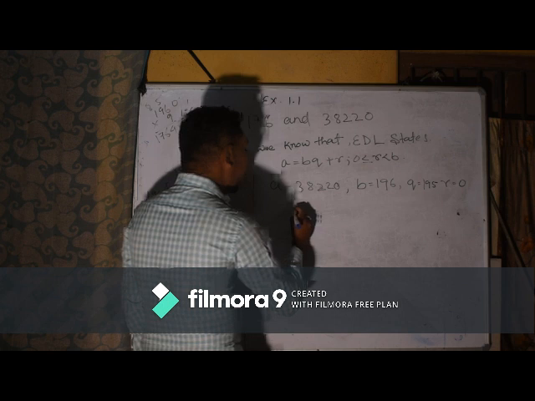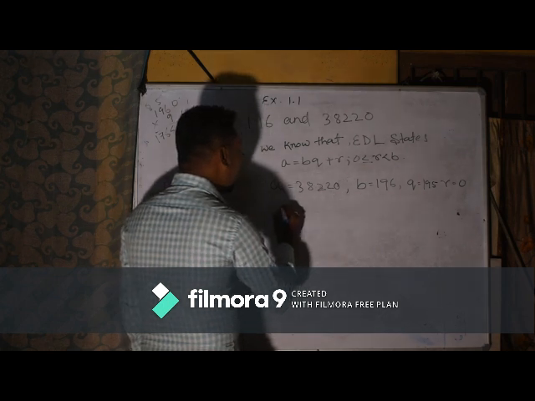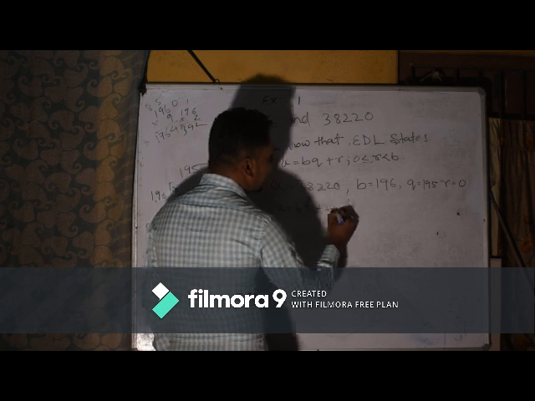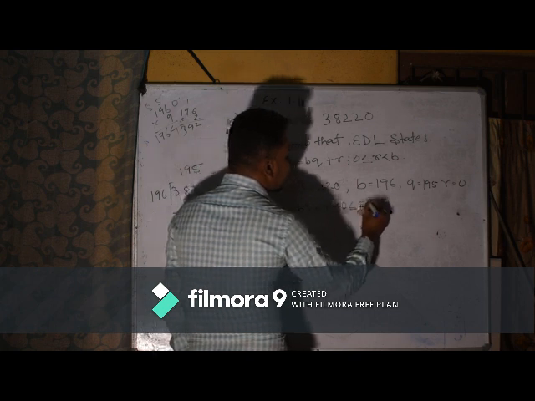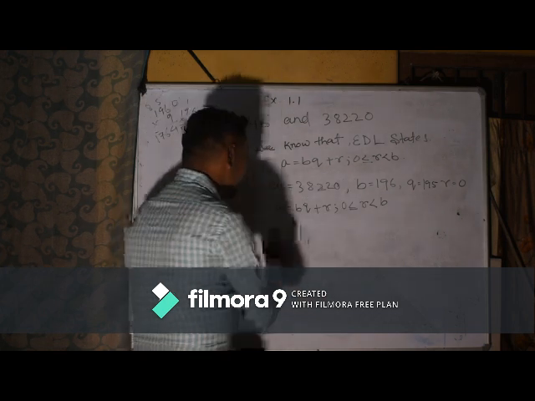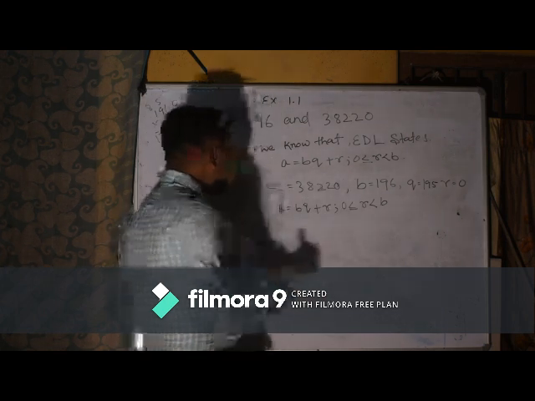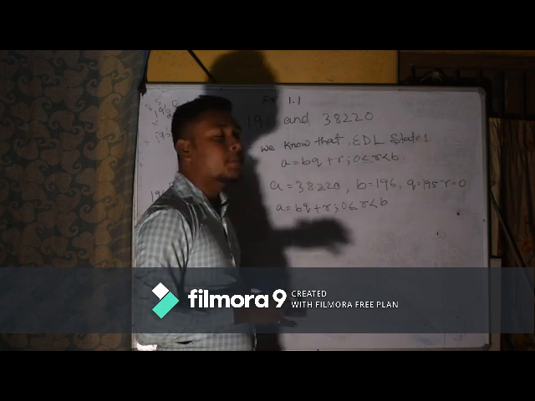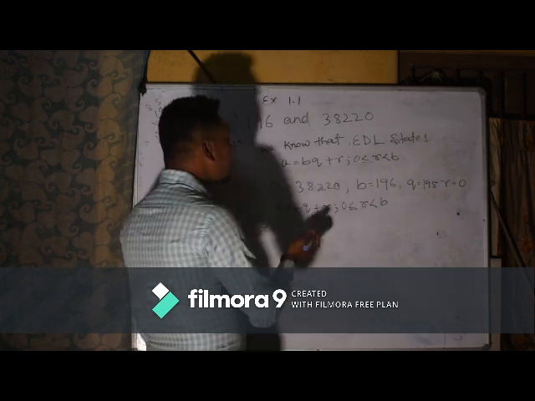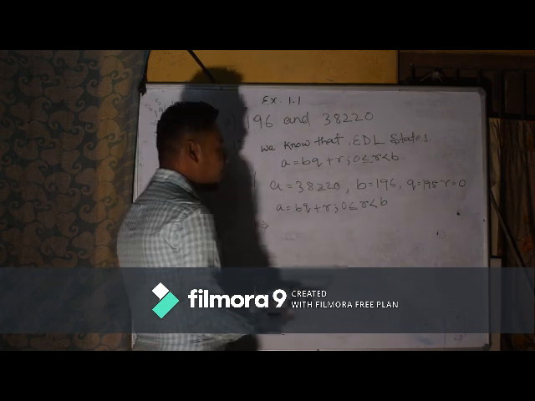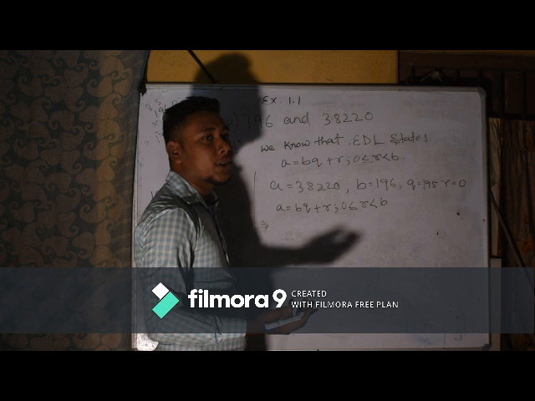So according to Euclid division lemma, A is equal to BQ plus R. I am writing the formula again such that I do not commit any error. The basic problem with students is that they do the correct things but they commit errors just because of laziness of writing the formula, because 3 hours is more than sufficient.